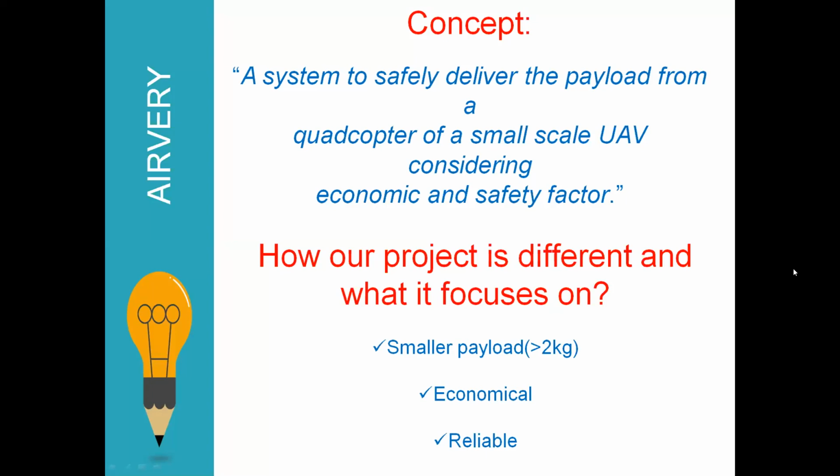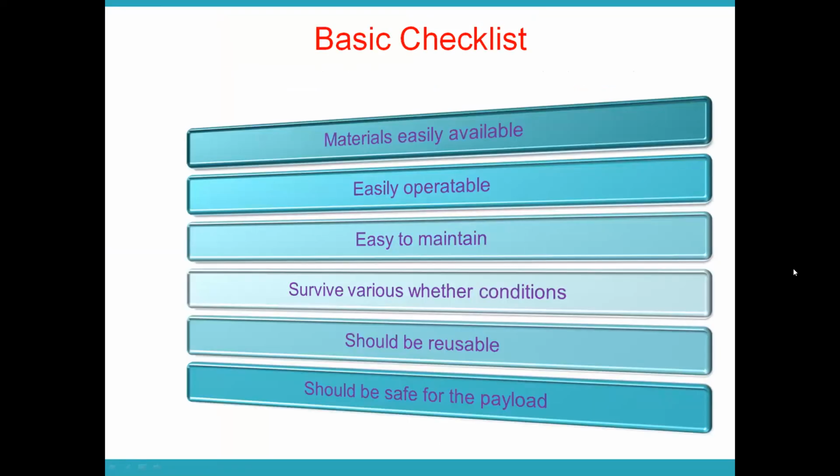Then this is the basic checklist which we have identified, which we would require our system to have. First of all, the material should be easily available. There are several kinds of material which I would like to talk about in the later part of the presentation, but the materials in any case need to be easily available, so that the manufacturing as well as the maintenance could be very easy. Second, it should be easily operatable.